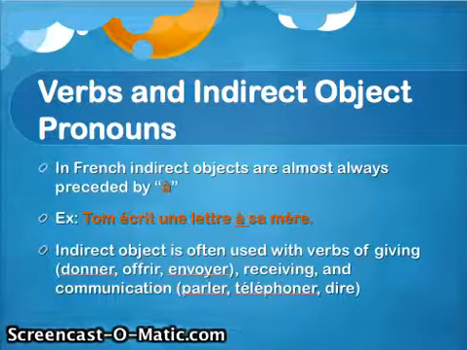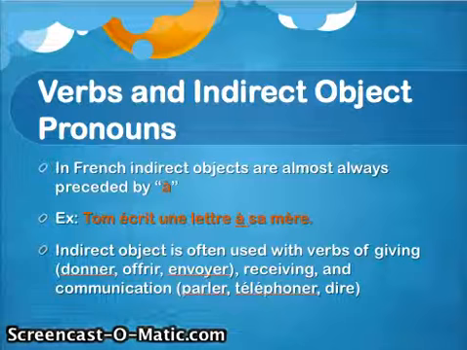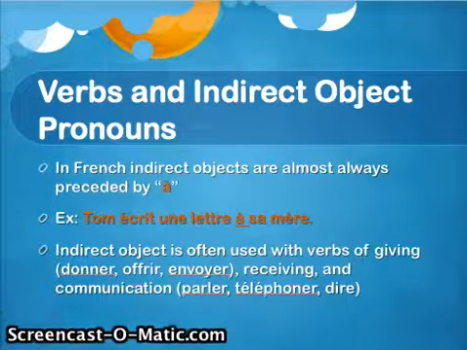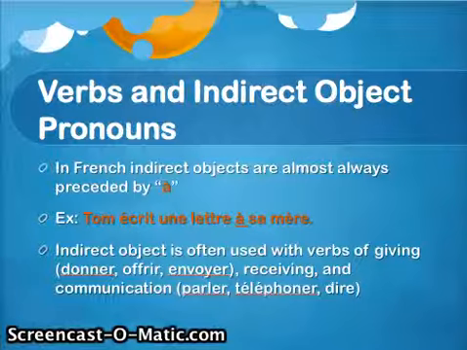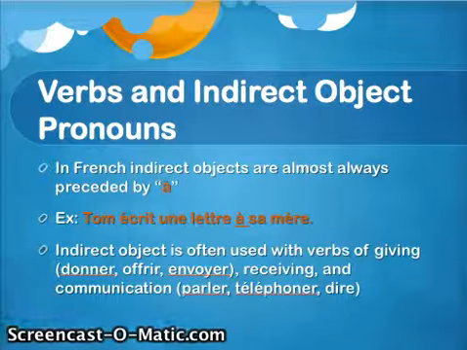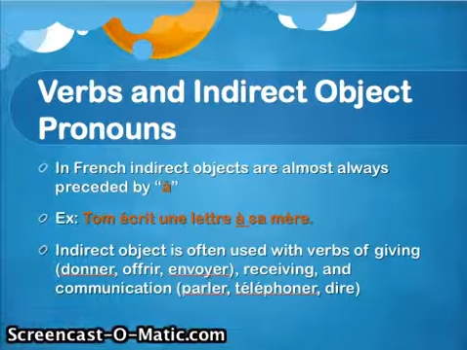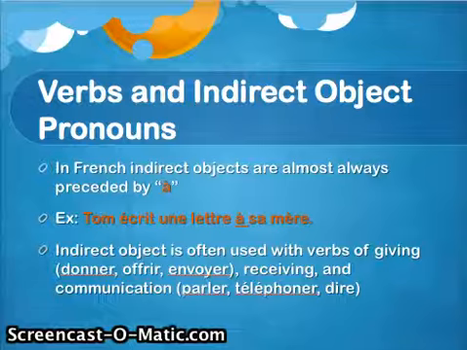There are a couple verbs that are typically used along with indirect objects, and those are verbs that translate the idea of giving, receiving and communication. Verbs like donner, offrir, envoyer, parler, téléphoner, dire.